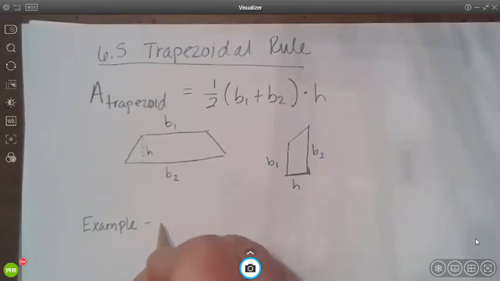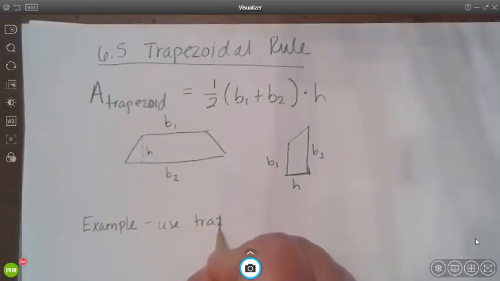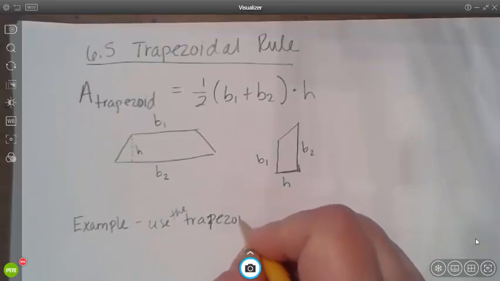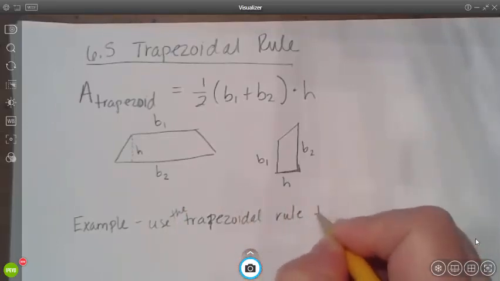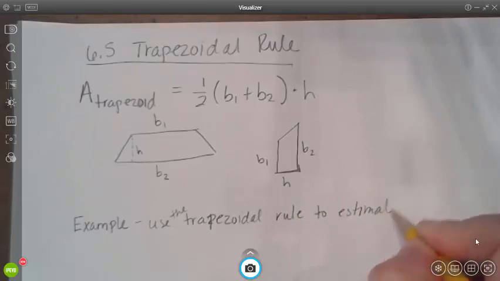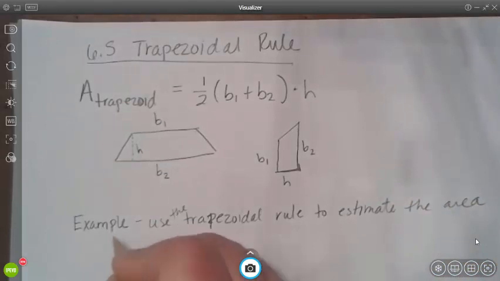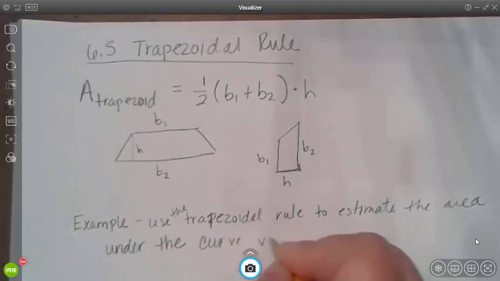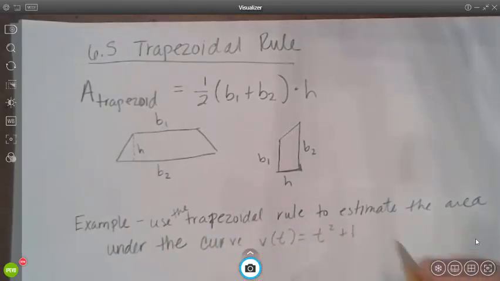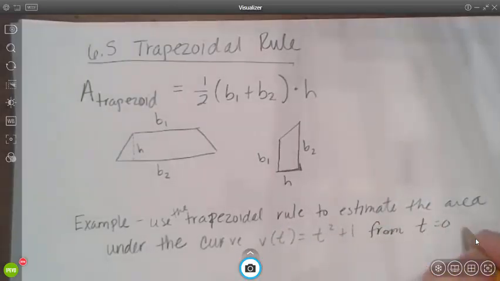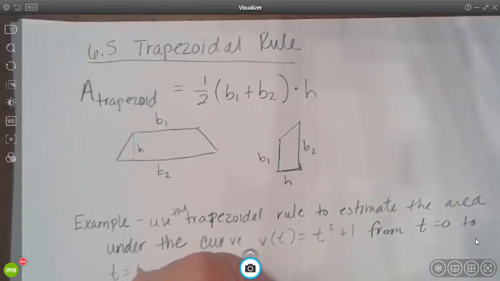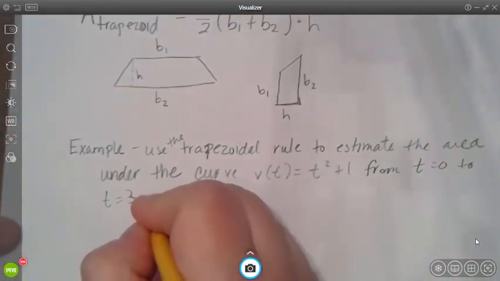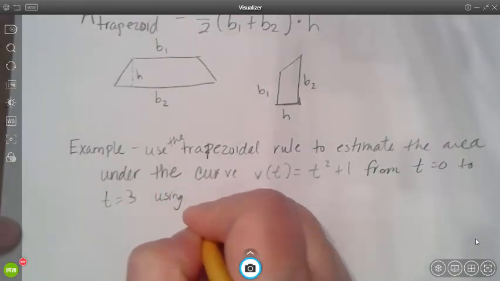We are going to use the trapezoidal rule to estimate the area under the curve v of t equals t squared plus 1 from t equals 0 to t equals, I think we went to 3, using 3 trapezoids.